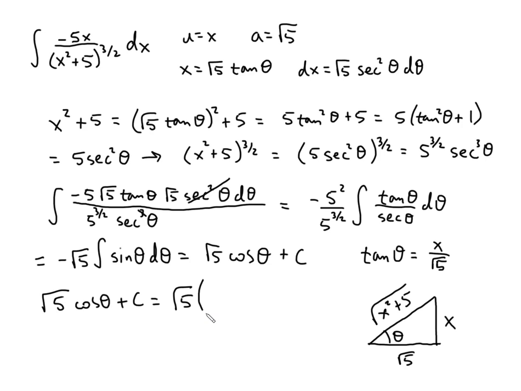It's going to be root 5 divided by the square root of x squared plus 5. Okay, now look what happens to this. This answer is looking pretty simple if you compare that to what we started with. Root 5 times root 5 is 5, so this is going to simplify to just be 5 divided by the square root of x squared plus 5.